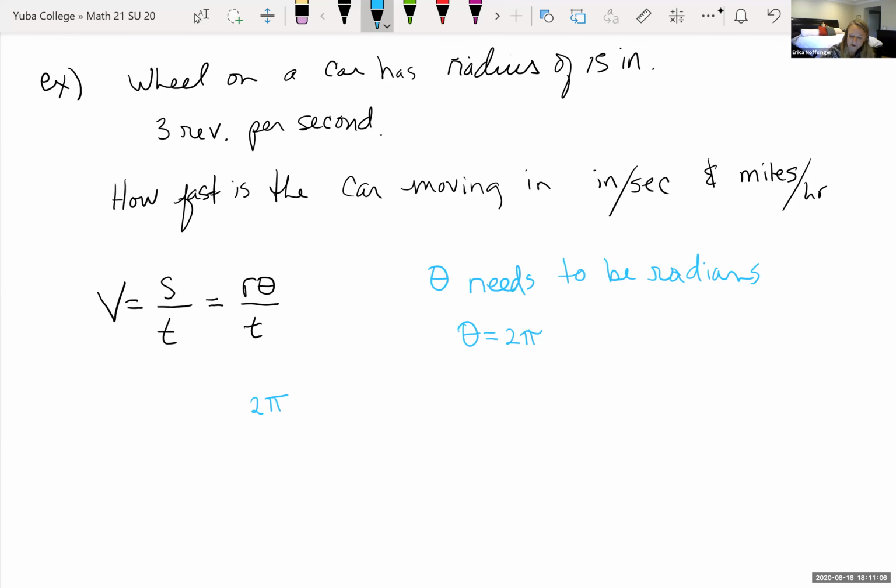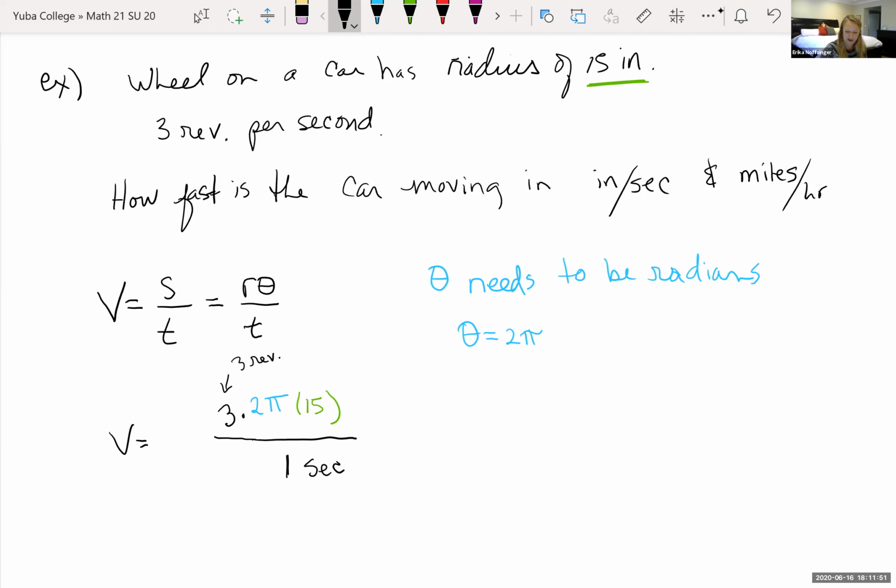So we have 2 pi times our radius, and we're given that our radius here is 15 inches, so times 15, all over the time. The thing is that the time is 3 revolutions per second. So I need to really multiply this by 3, all over 3 revolutions per 1 second. Because technically in that 1 second, it's gone 6 pi radians.